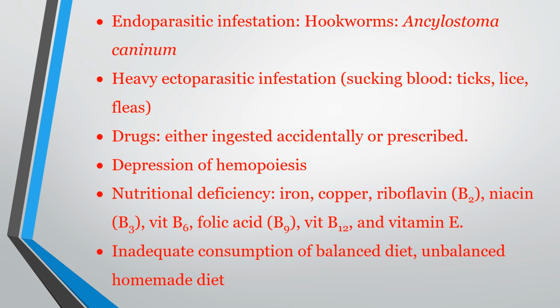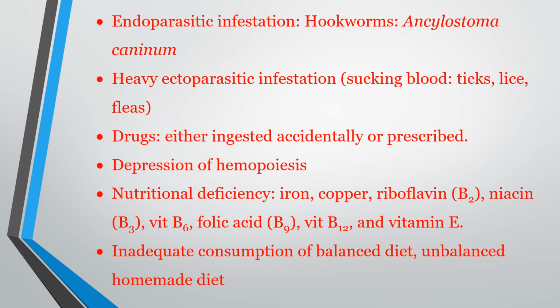Important nutrients are iron, copper, B vitamins, riboflavin B2, niacin B3, vitamin B6, folic acid, vitamin B9, vitamin B12, and vitamin E. These vitamins and minerals are essential for the formation of blood.